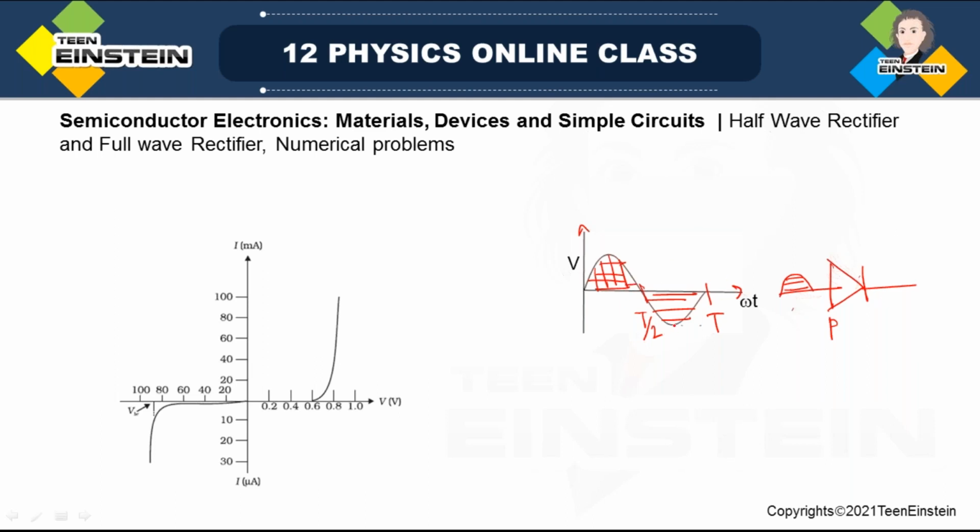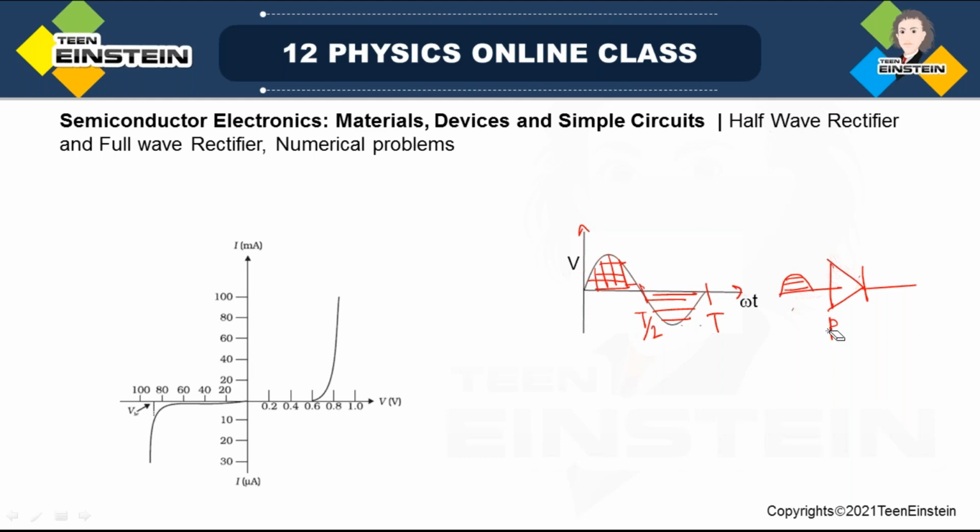We'll discuss those things in detail, but you can at least get some idea from here itself: since the positive half cycle and negative half cycle make this junction diode either forward bias or reverse bias, in one half cycle there will be flow of current, and in the negative half cycle there will be no flow of current.